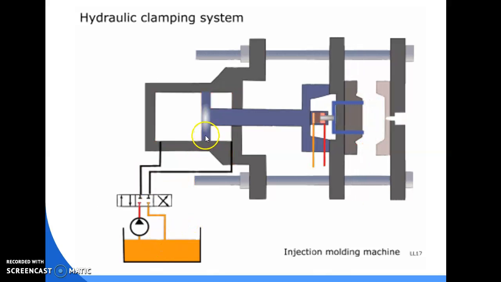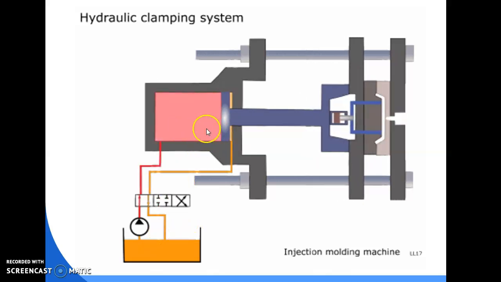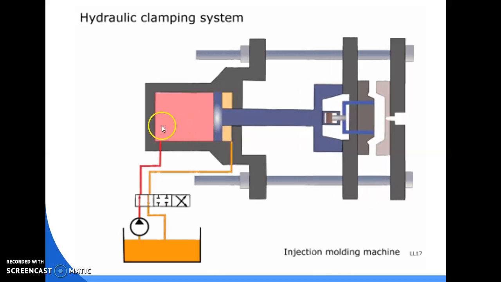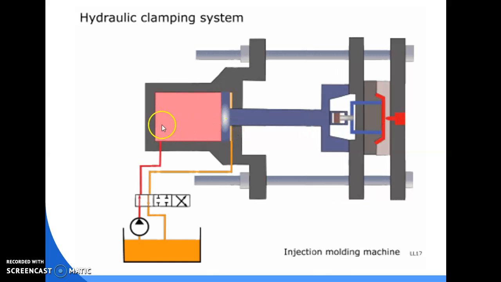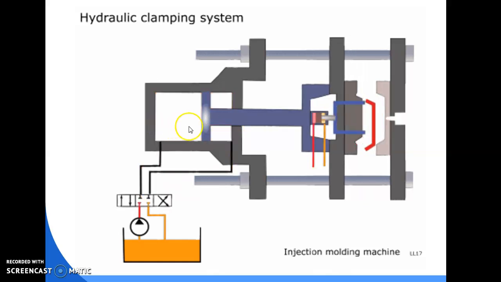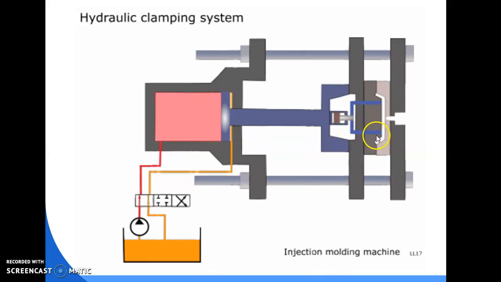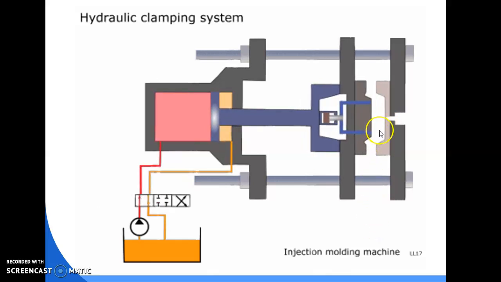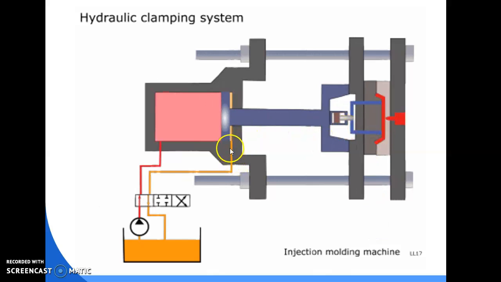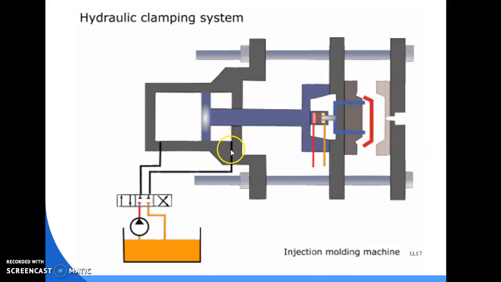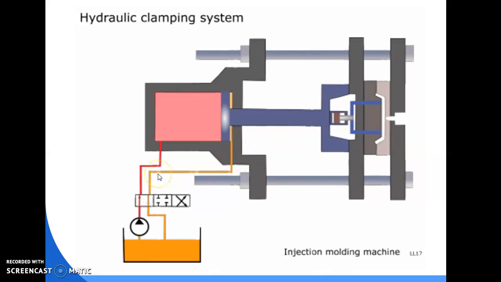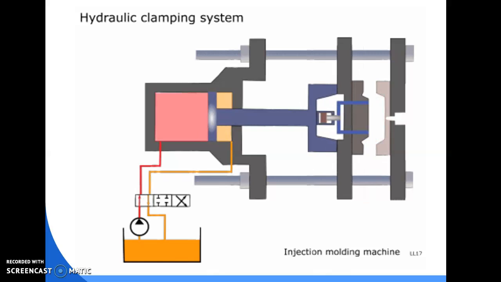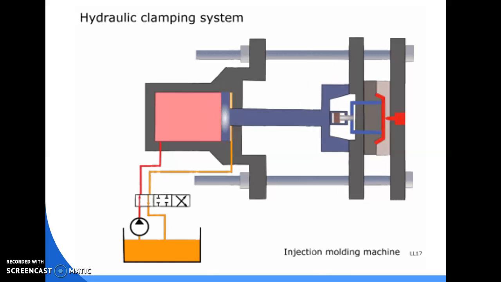As shown in the figure, inside the accumulator we get the movement of piston from left to right and right to left, where the forward motion of the piston causes the molding process, and again to return to the normal position, the red color liquid is utilized for the movement of the piston towards the right direction, that is your return stroke.